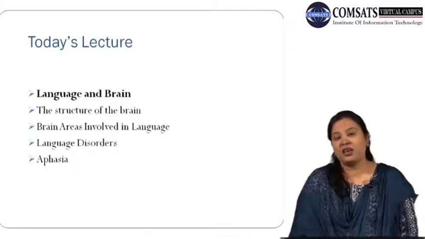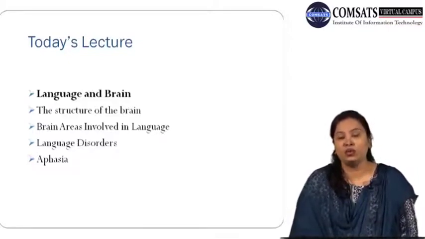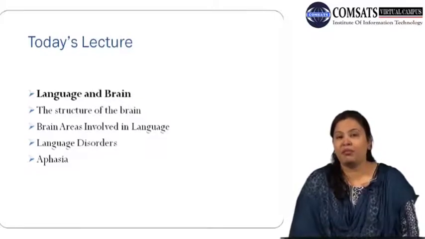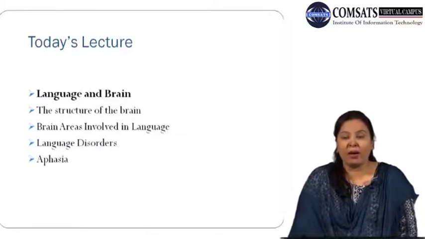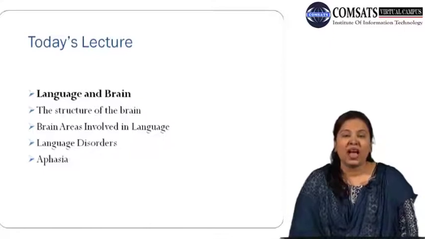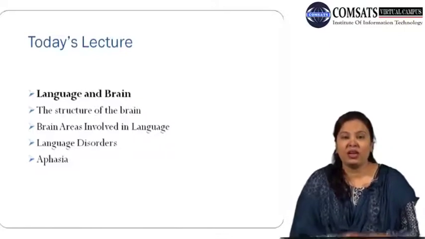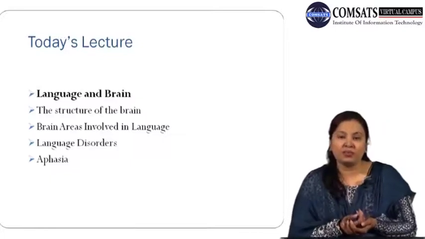With the advancement in science, different techniques were introduced to examine the brain. Like we had the CT scan, like we can have MRI, like we can have tomography, different ways to see how the brain works.